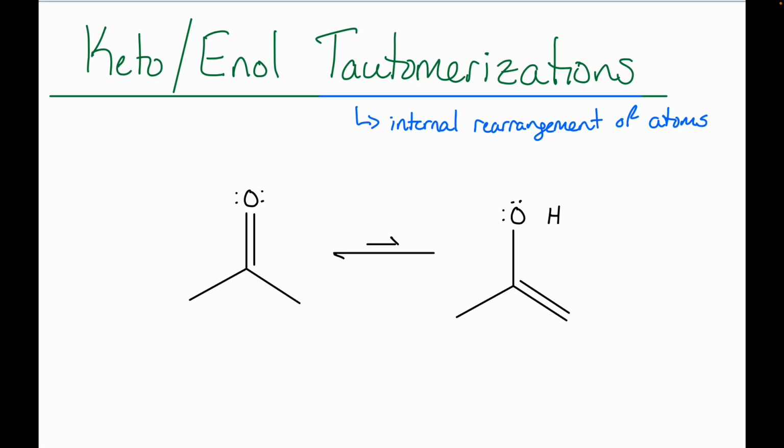I'm going to be good and show this OH bond here to make a point. All right, because we're going to do our reaction mechanism here for this tautomerization. And the first step is I want you to identify all the bonds that we need to break over here on the left and all the new bonds we need to form over here on the right in order for this reaction to occur.